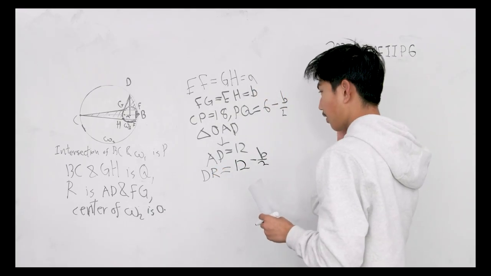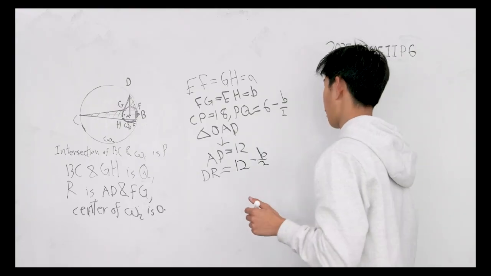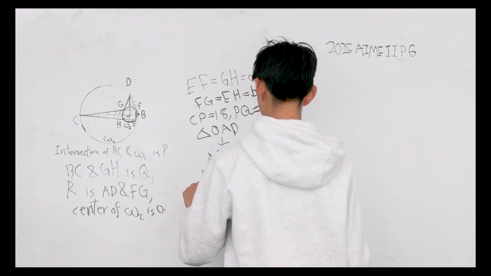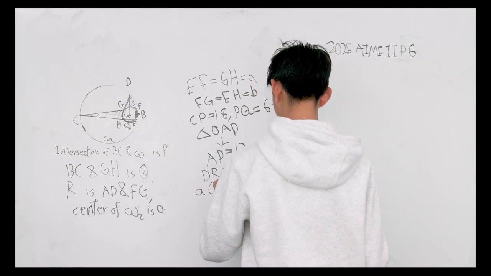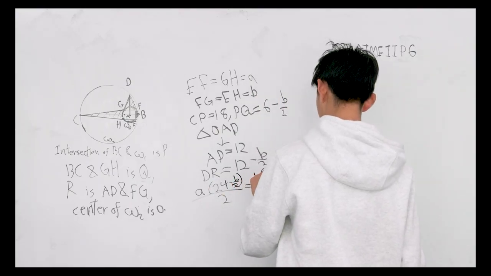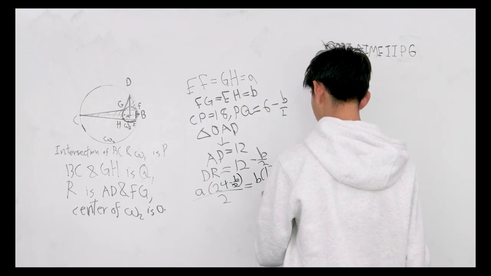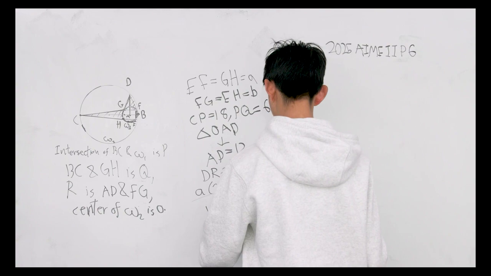So we have all the information necessary to make some sort of claim. So we have a times 24 minus b over 2, over 2, is equal to b times 12 minus a over 2, over 2. This brings us to b is equal to 2a.